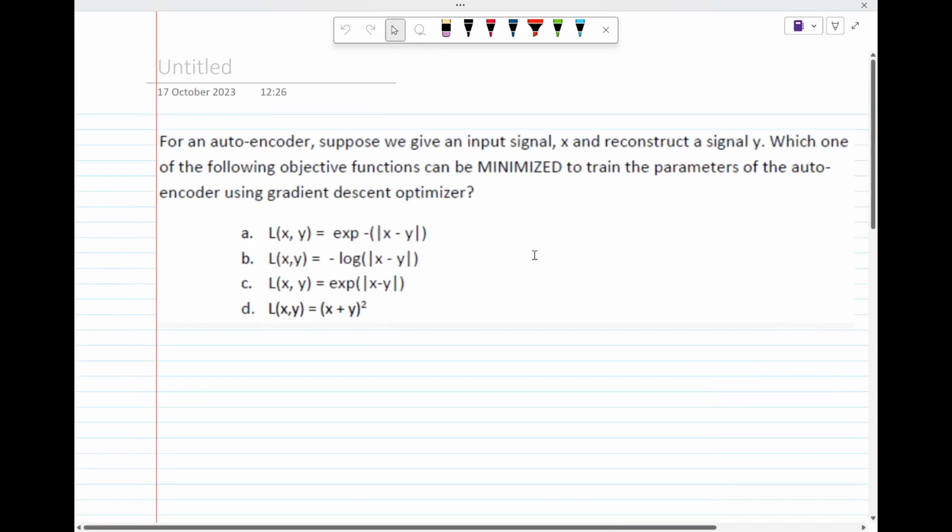In this question they are asking: for an autoencoder, suppose we give an input signal x and a reconstructed signal y. Which one of the following objective functions can be minimized to train the parameters of the autoencoder using a gradient descent optimizer?